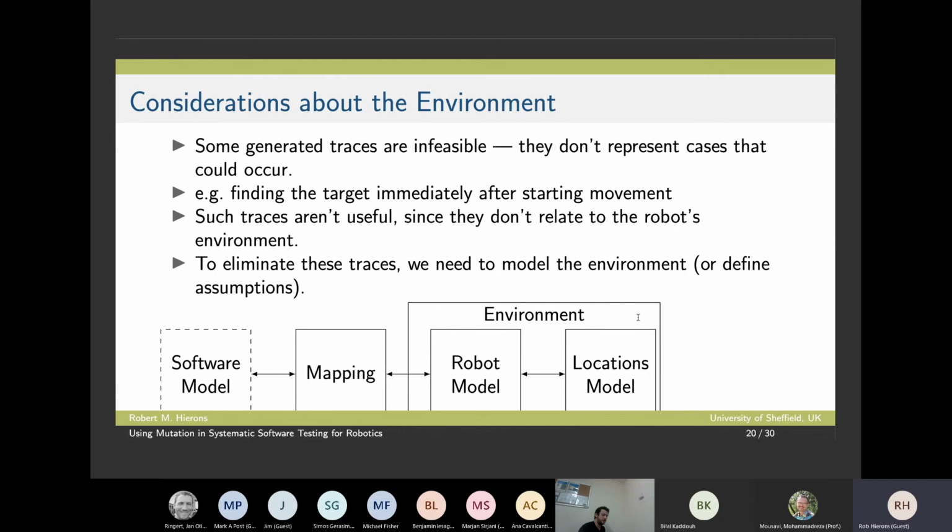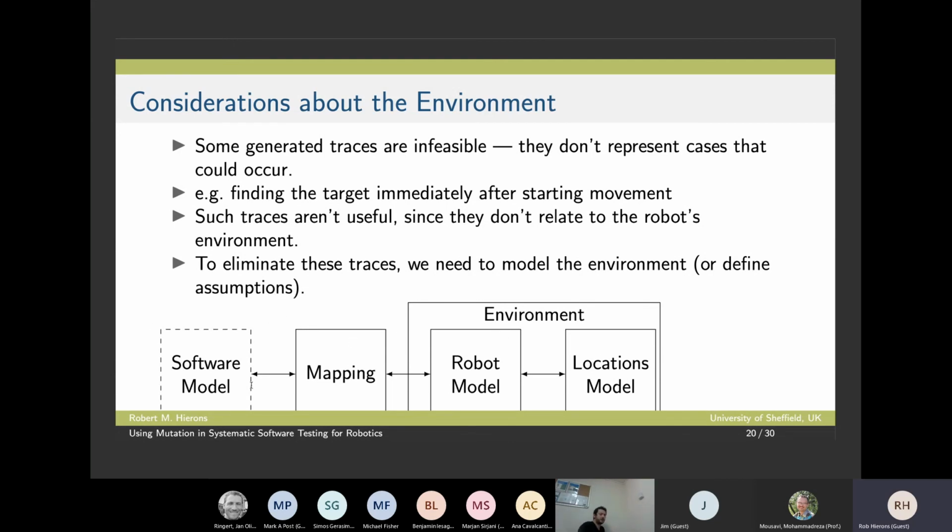So once we do this, we have a slightly more complicated setup. We have the software model again, as usual. We have a mapping that defines how the software controller commands are mapped to robotic commands and events. And then we have an environmental model. And these are all potentially described as CSP processes.